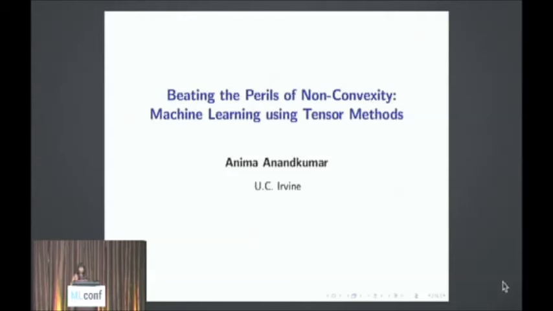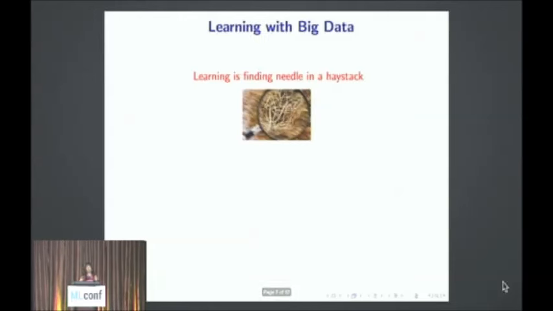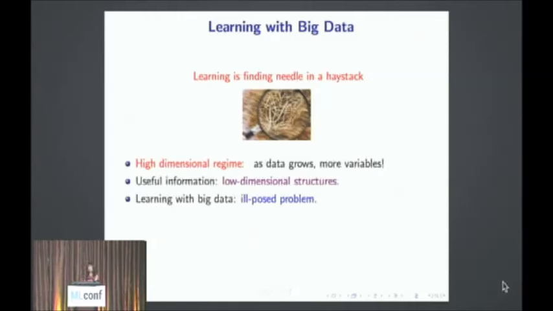So let's dive into some of the details. As I said, the problem of big data is challenging because we have lots of variables. In addition to having lots of data, we also have lots of unknowns or variables. That's what makes it challenging. And the useful information is typically hidden as some low-dimensional structure in this high-dimensional space.